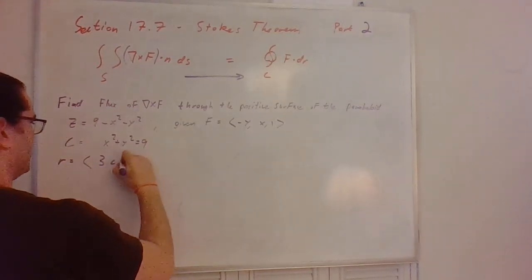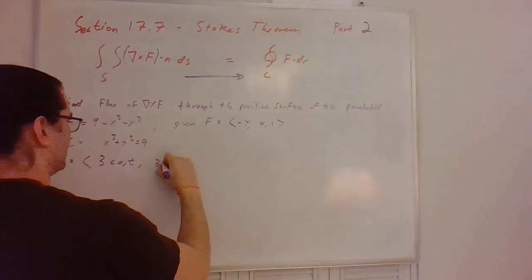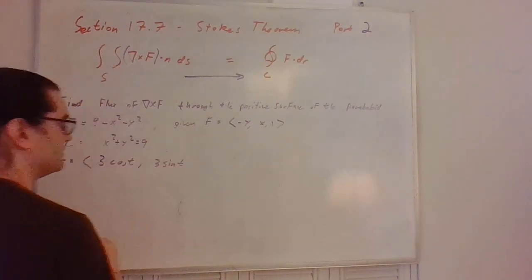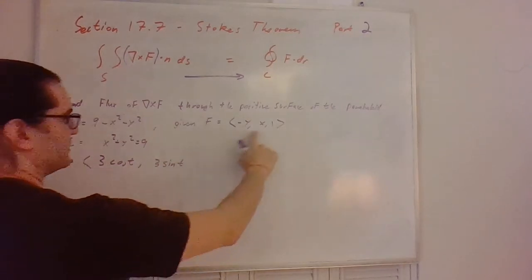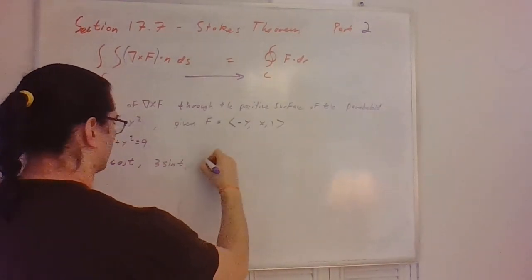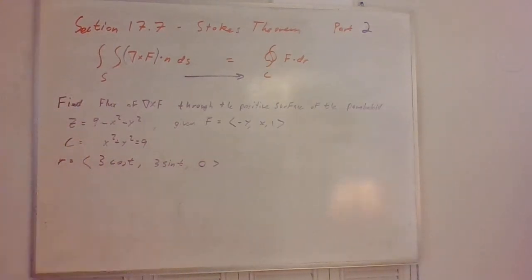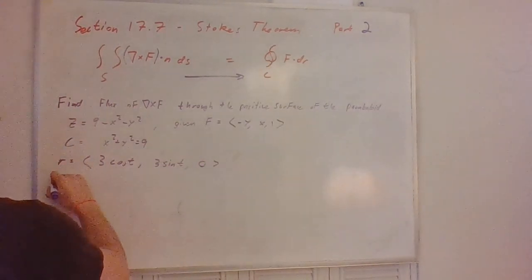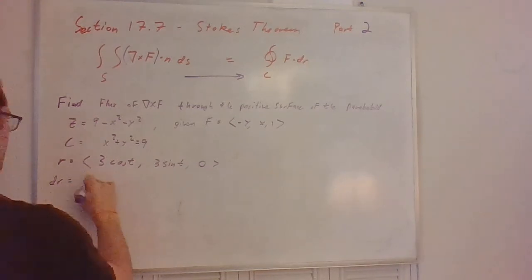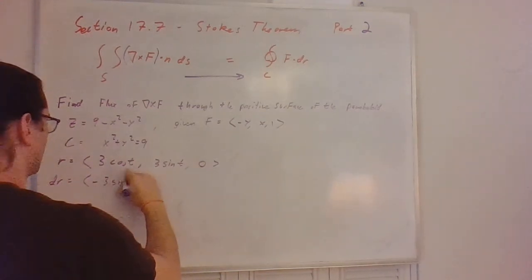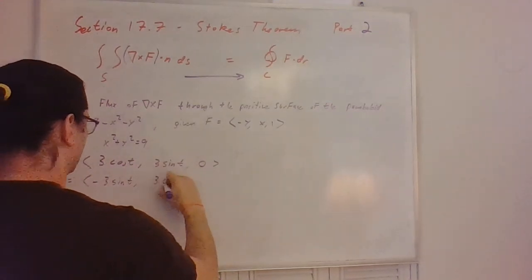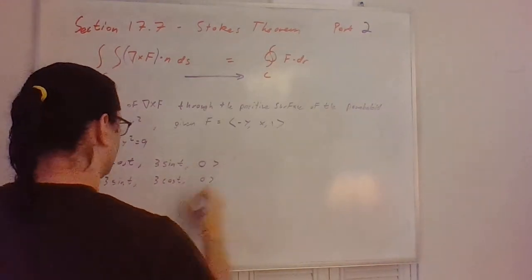That's 3 cosine t, 3 sine t, comma 0. The path has no z coordinate. And then the derivative of the path will be negative 3 sine t, 3 cosine t, 0.